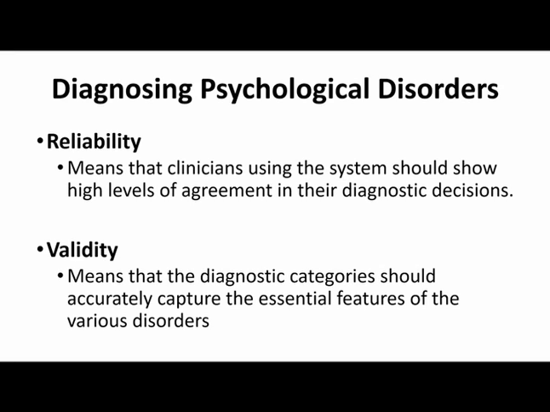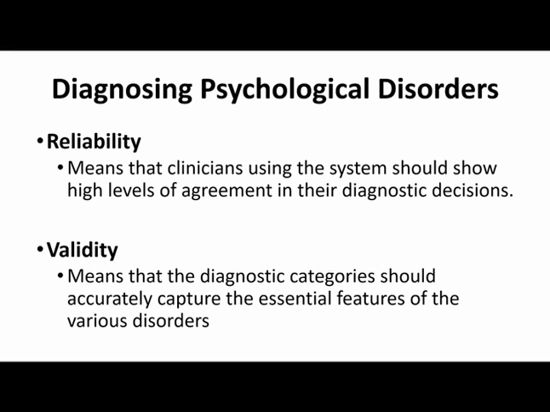For a diagnosis to be good, we want something that is both reliable and valid. When we're talking about reliability, this means that different clinicians using the system should all show high levels of agreement in their diagnostic decisions. Basically, the system should be based on things that we can observe, things that we could track and view to figure out the diagnosis, and we should try not to rely on subjective judgments.